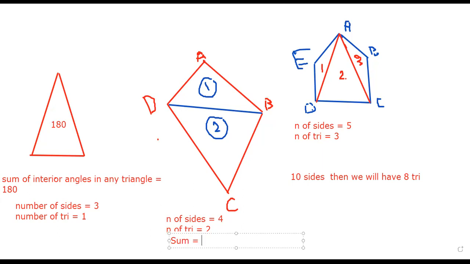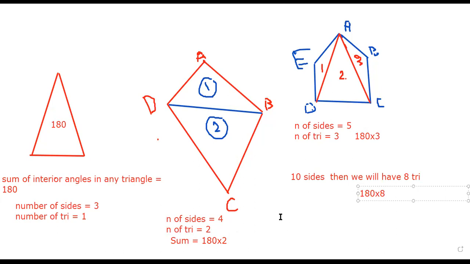Plus 180 plus 180, or 180 times 2. If we have 3 triangles, 180 multiply 3. If you have 8 triangles, 180 multiply 8.